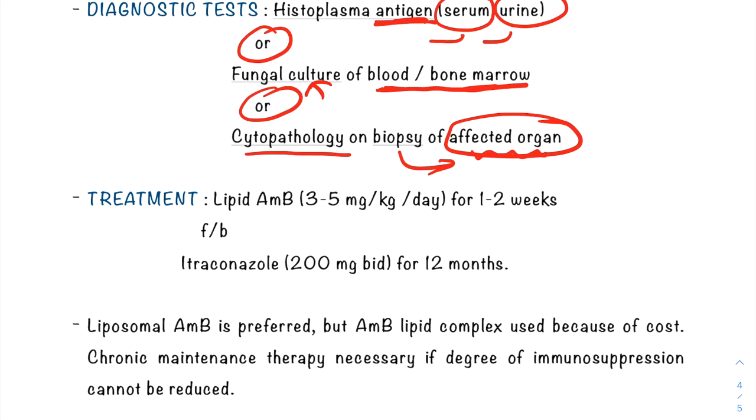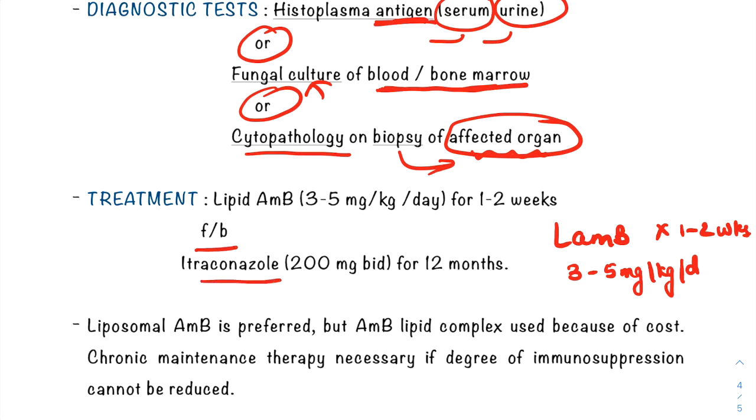So, what is the treatment of the progressive disseminated type of histoplasmosis? It's liposomal amphotericin B again, and that is in the dose of 3 to 5 milligrams per kg per day, and that is given for 1 to 2 weeks. After those 1 to 2 weeks, it is followed by itraconazole given at a dose of 200 milligrams twice a day for 12 months. Okay, again, like the chronic, it is given for 12 months.